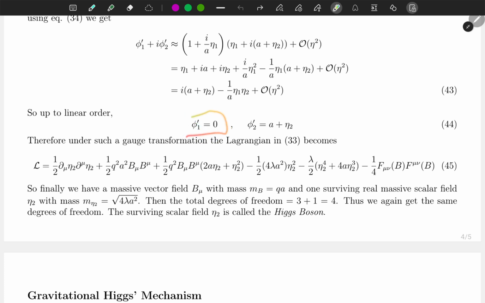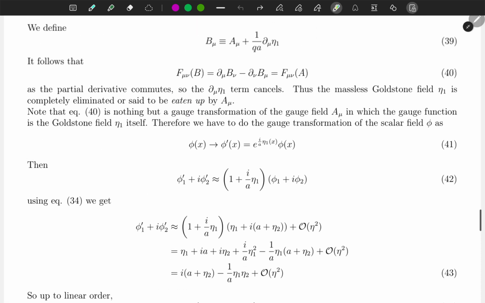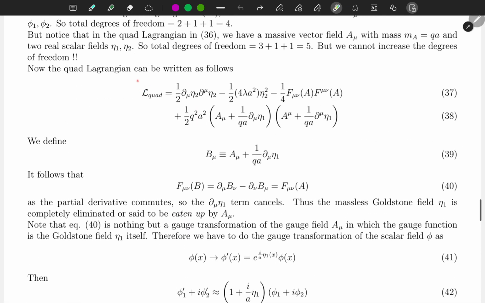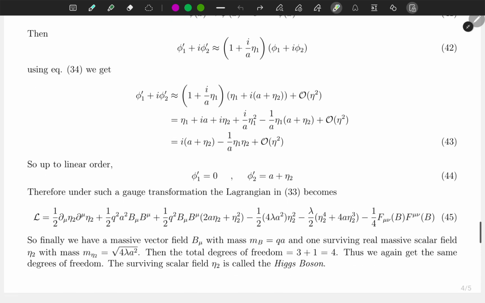So basically you end up with phi 1 prime, the transformed real scalar field, first is 0 basically in linear order, and the second scalar field you get a plus eta 2. So you do the whole gauge transformation of this, and you end up with this final Lagrangian.